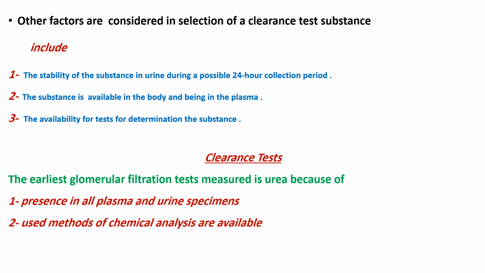Clearance tests: the earliest glomerular filtration test measured urea, because urea is present in the plasma and urine, and the method which determines urea is available.